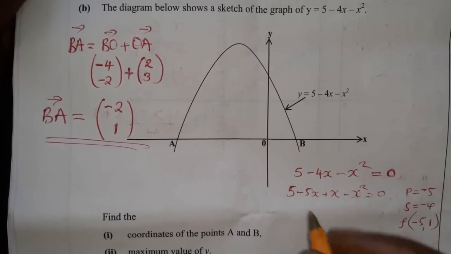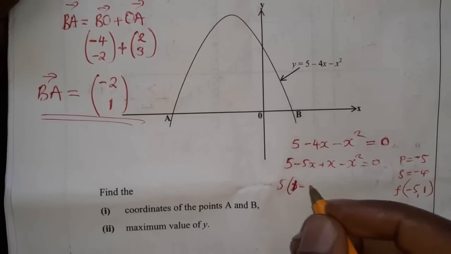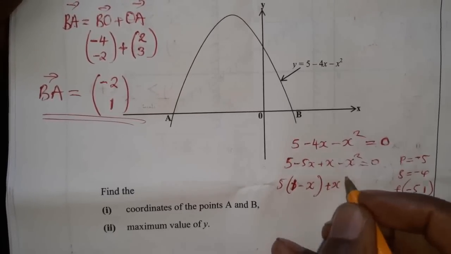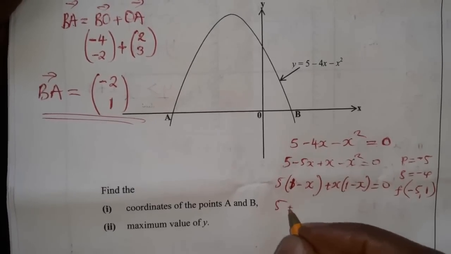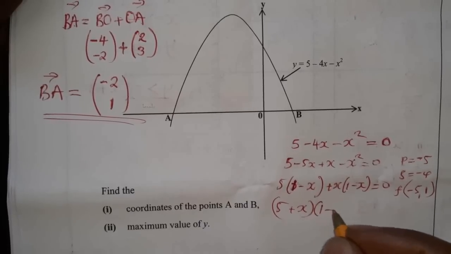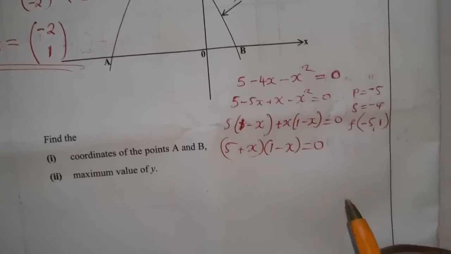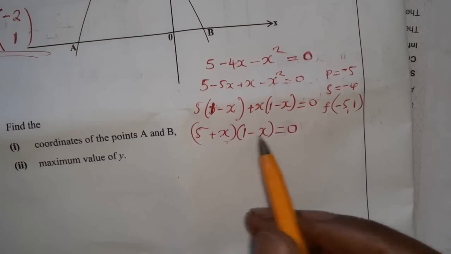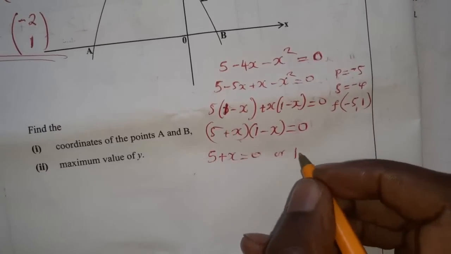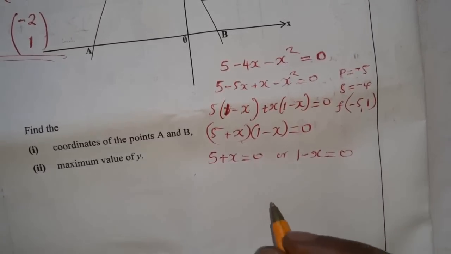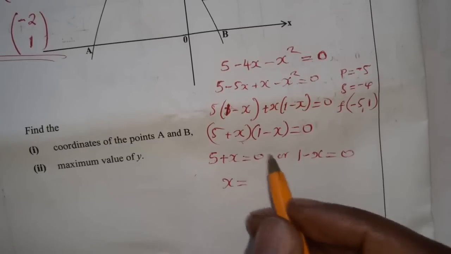It's equal to 0. We solve this. Then we have 5 plus x, and 1 minus x is equal to 0. So at this point, we need to equate each one of these factors to 0. 5 plus x is equal to 0, or 1 minus x is equal to 0. So x is going to be -5 when this one goes the other side.